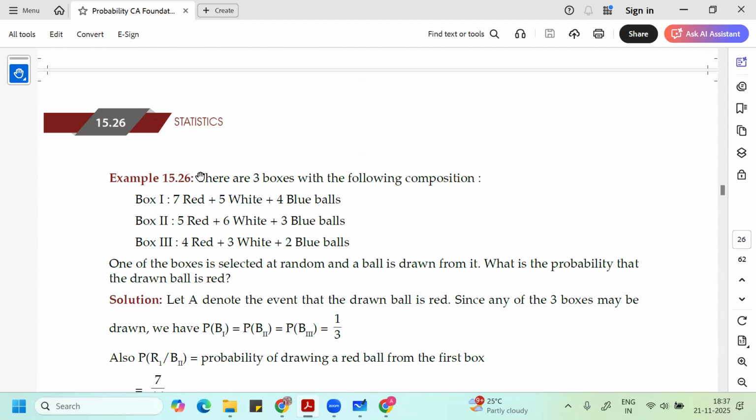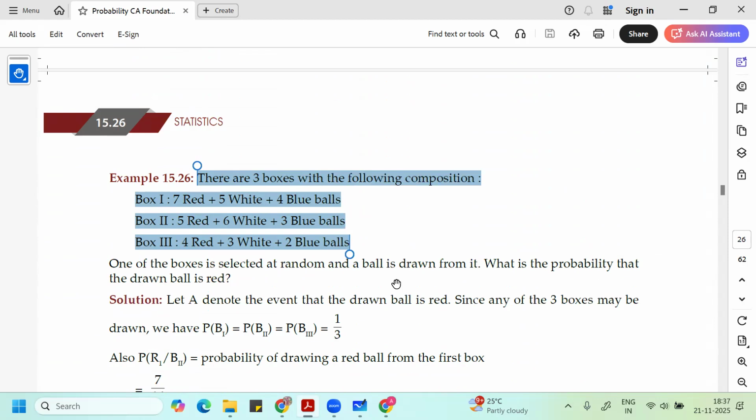So, like these all box questions and all. One of the boxes is selected at random. What is the probability you choose any box is 1 by 3? What is the probability that it is red in color? So red in color means 7 by 14 into 1 by 3 plus 5 by 14 into 1 by 3 plus 1 by 3 into 4 by 9.